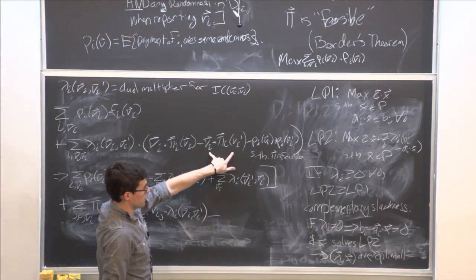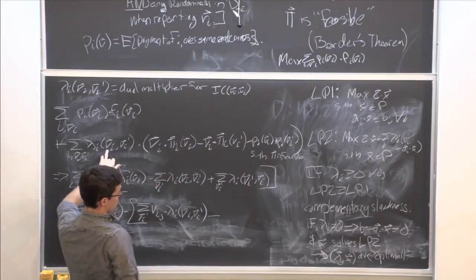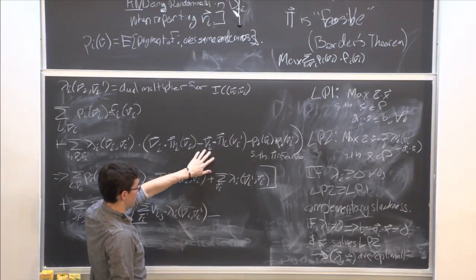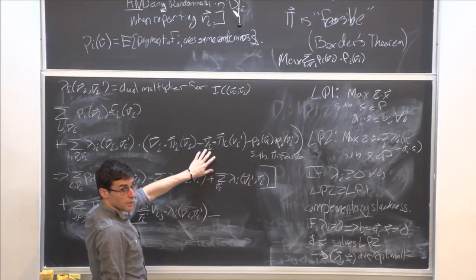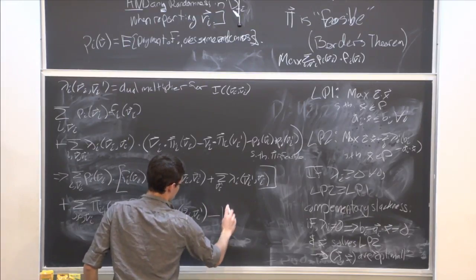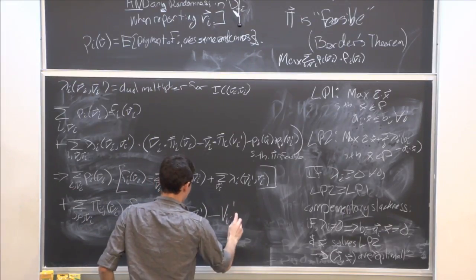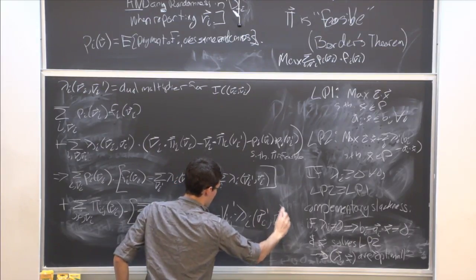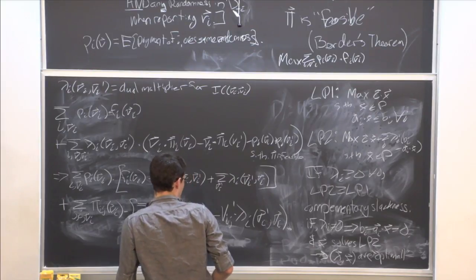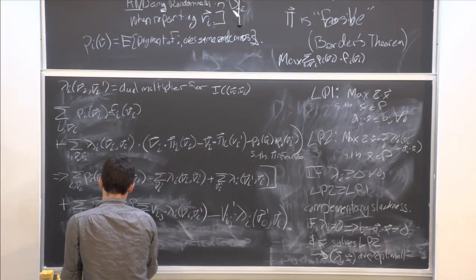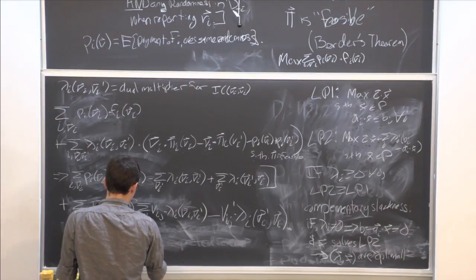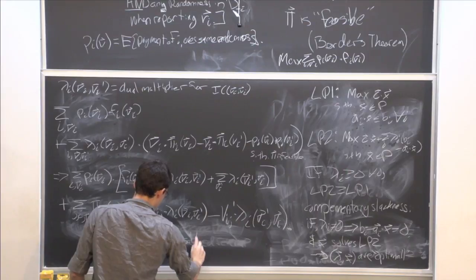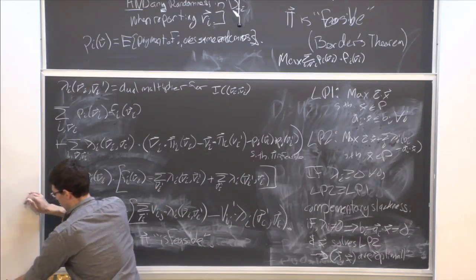And also sometimes it's going to be in this position. So there's also a sum over all vi prime when they're here, but this is going to be the vi prime j that goes here. So this is vi prime j times lambda I of vi prime vi. And this is again all such that pi is feasible.